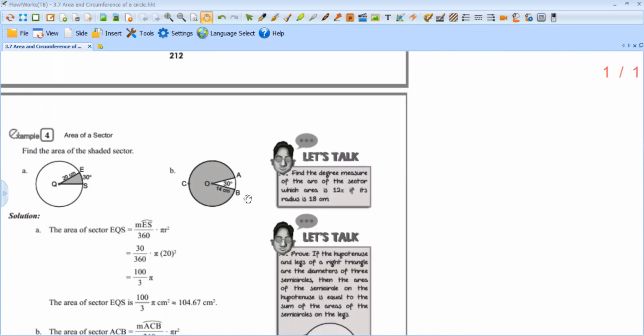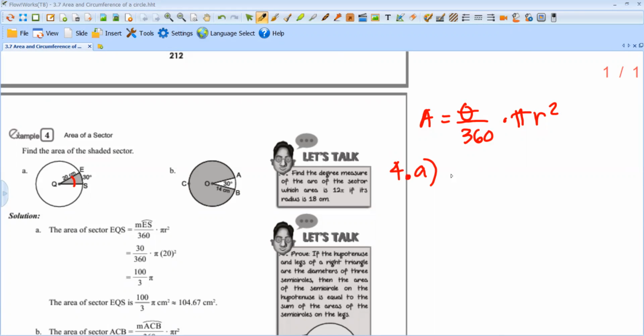Okay, so let's try example 4. Again, the area equals theta over 360 times pi r squared. So get the angle and the radius, okay? So example 4A is 30 degrees.